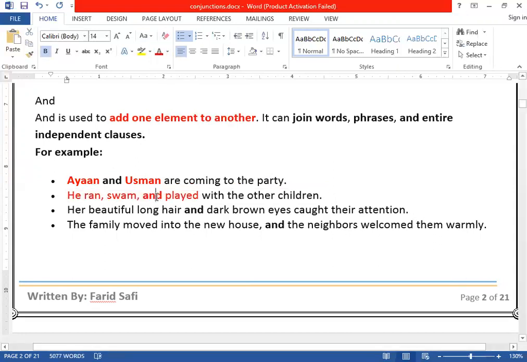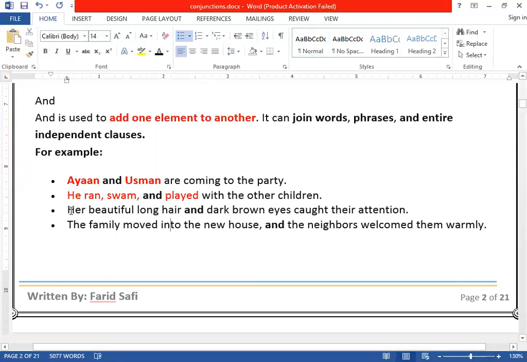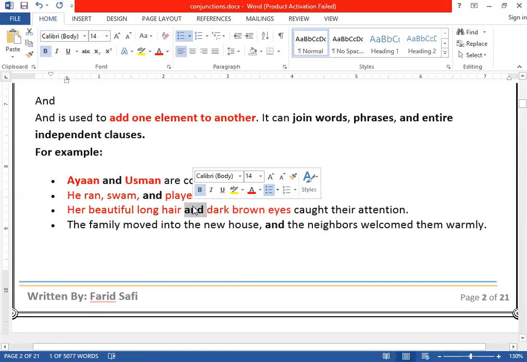Now AND is called a conjunction. For example, her beautiful long hair, her dark brown eyes. This is one phrase. This is another phrase. Caught their attention. And AND is called a conjunction.